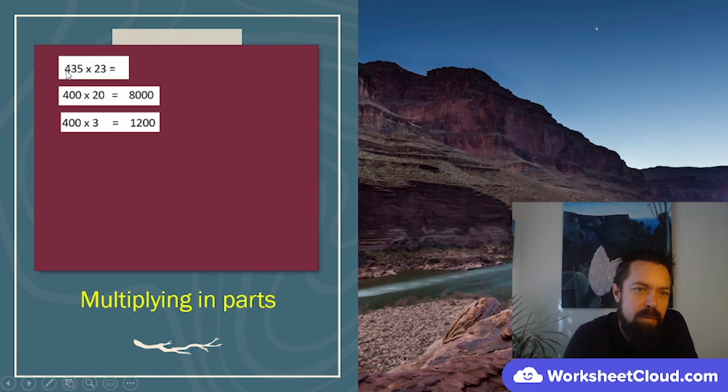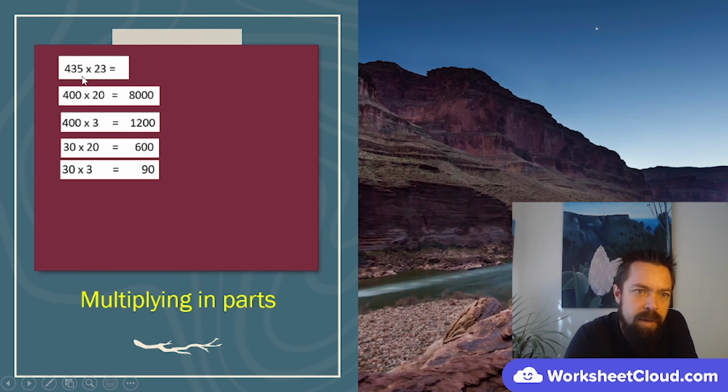Then my 400 times the 3 from the 23. Now I'm going to look at my 30, and go 30 times the 20, and then 30 times the 3, and finally 5 times the 20, and then 5 times the 3. Once I've worked all of those out, I can then add them together.